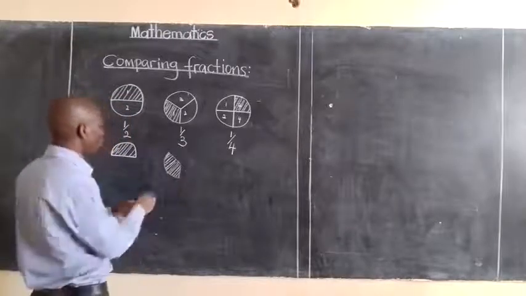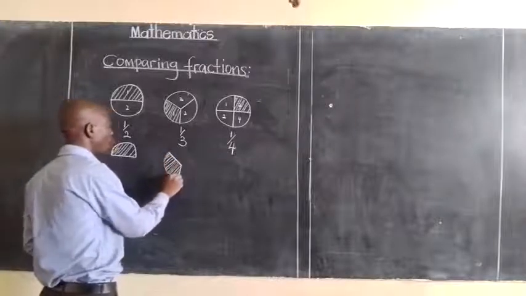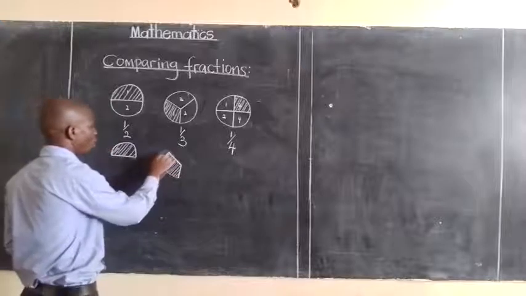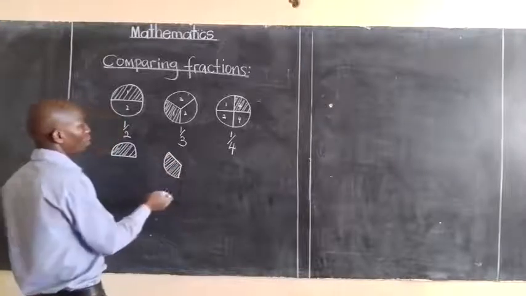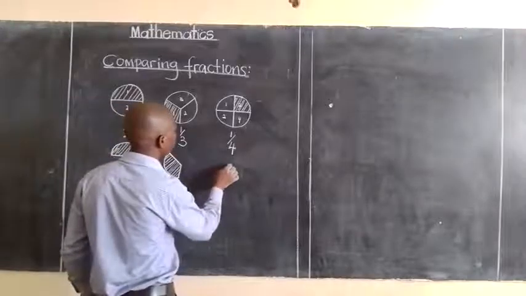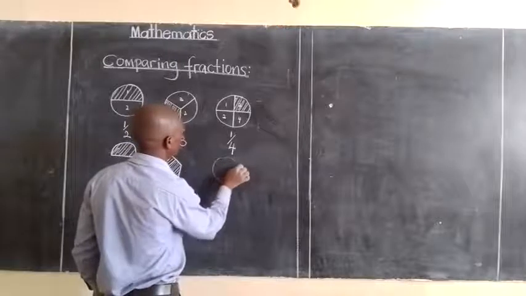And this is the part which has been shaded, which we call a third or 1/3. Now we are having this, if that is our circle.